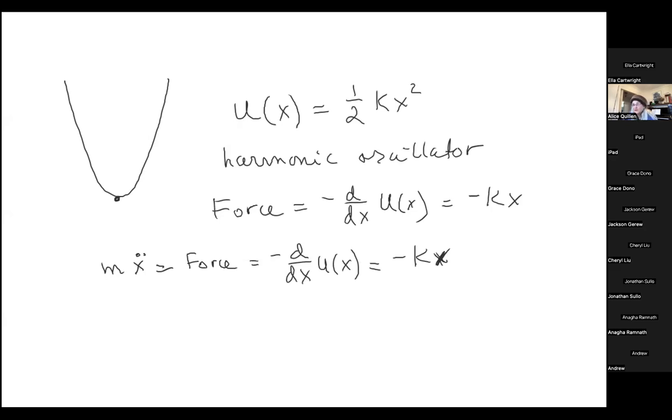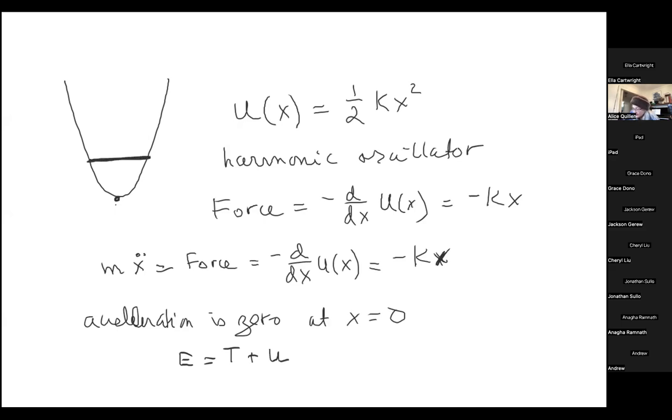So let's look at the bottom of this potential. Where is the acceleration 0? At x equals 0. And then we have to have velocity equal to 0 too, in order for it to stay at the bottom. You might remember that energy is equal to the kinetic energy plus the potential energy. If I assign an energy up here, then a particle moves back and forth in this potential well.